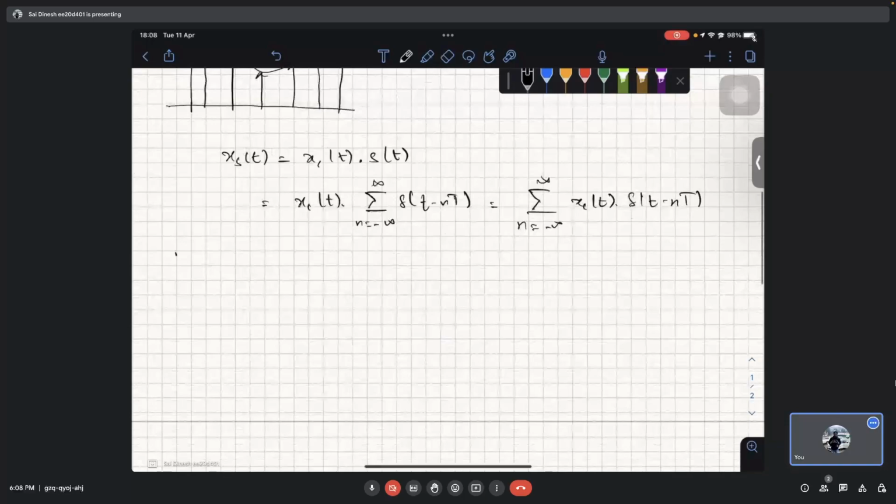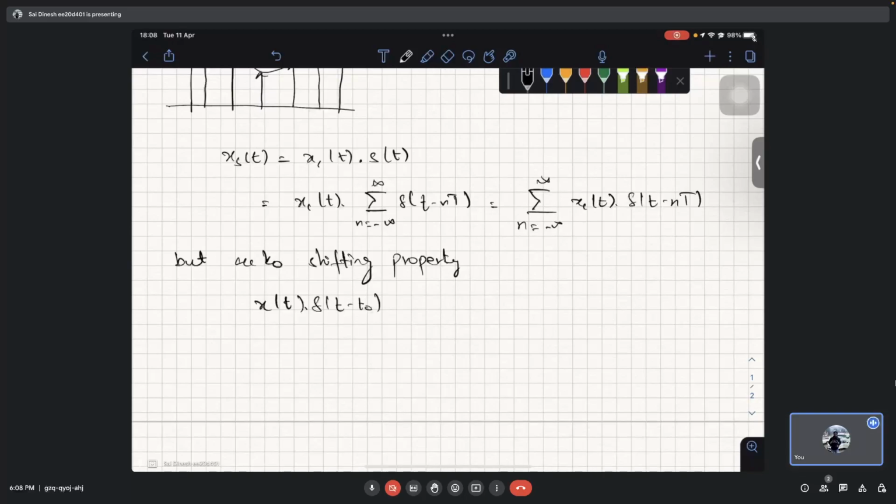But according to the shifting property, we know that x of t into delta of t minus t naught is equal to x of t naught into delta of t minus t naught, right?